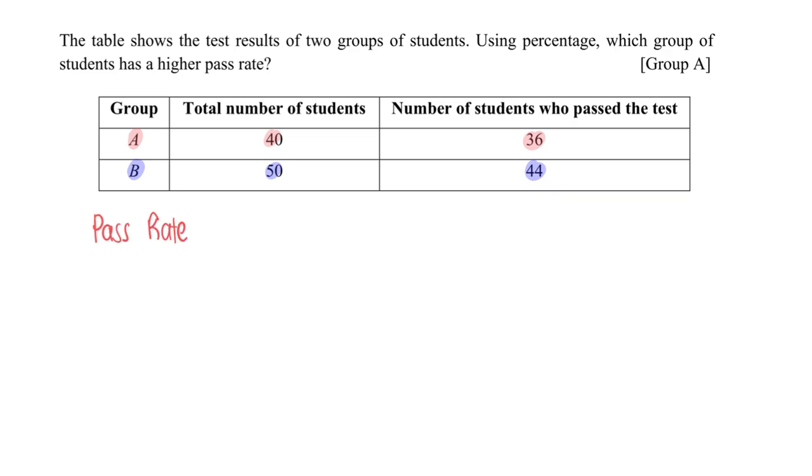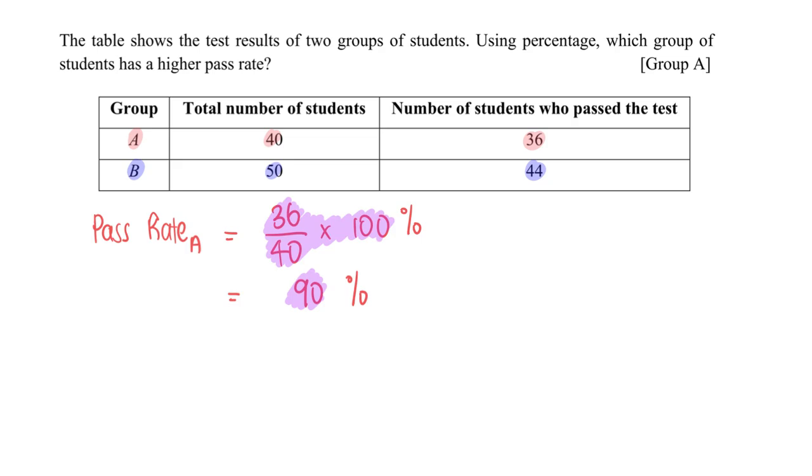Pass rate for group A will be 36 out of the total 40 students, and the percentage here would then be equals to 90%. 90% of them pass. So just to take note, we just need to find the value for the percentage here. That's what I calculate.